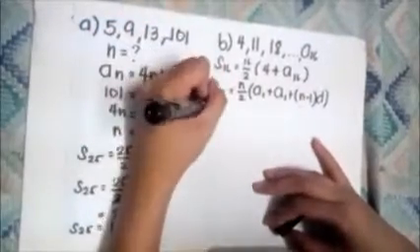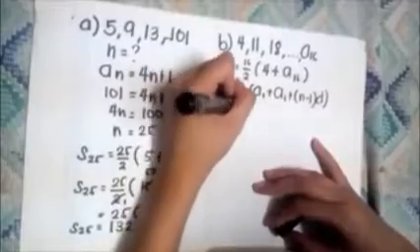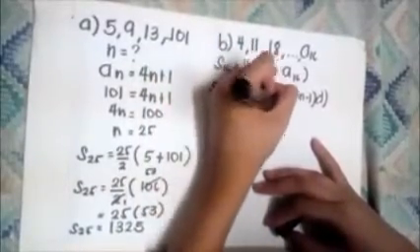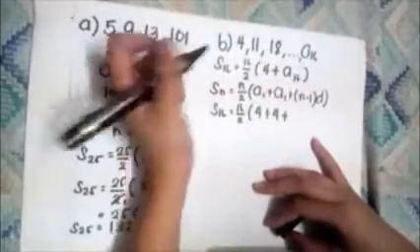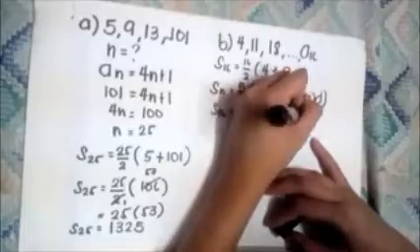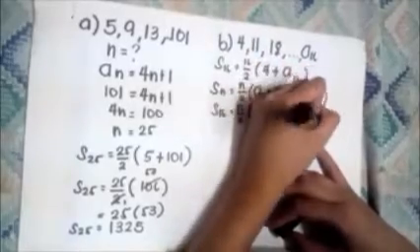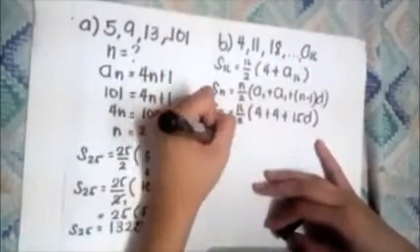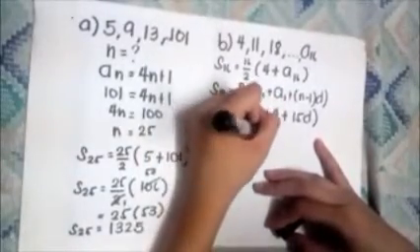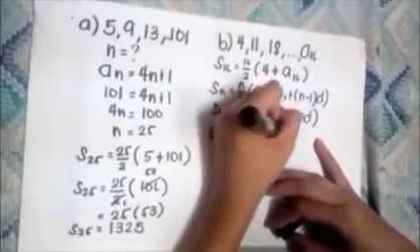And now S sub 16 is equal to 16 over 2 times (4 plus 4 plus (16 minus 1), which is 15, times d).